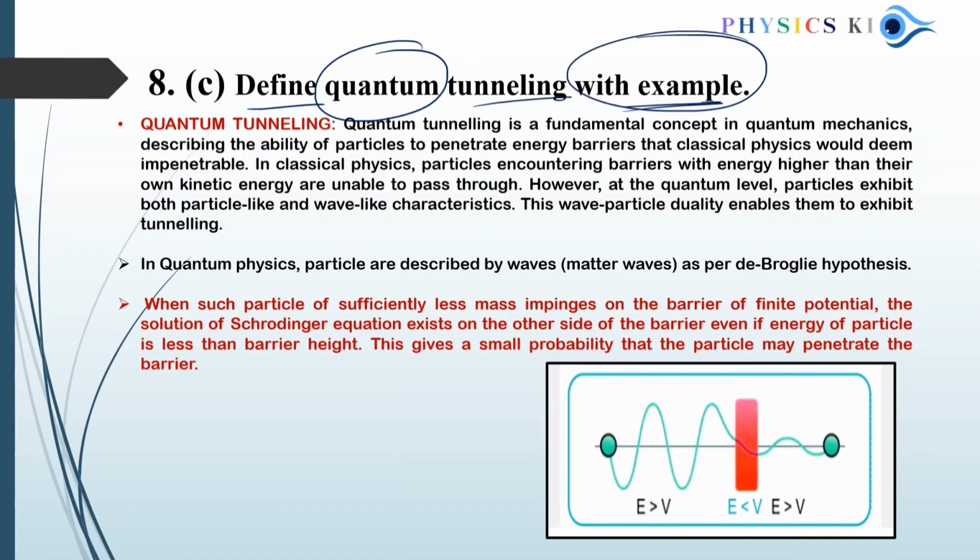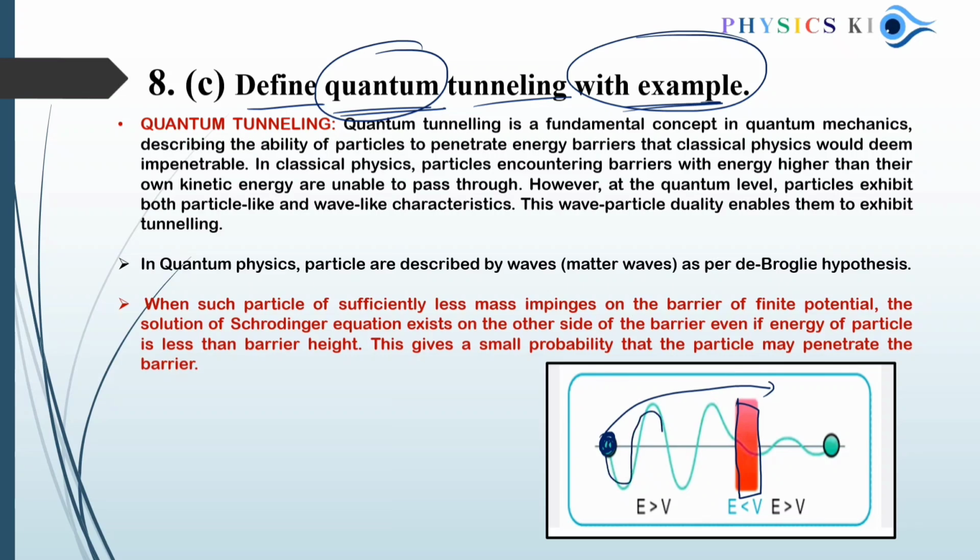Some examples are needed. So first of all, a very basic thing: quantum tunneling, that means what? Suppose this is the barrier and this particle does not have sufficient energy to cross this barrier. Classically, it is not possible.